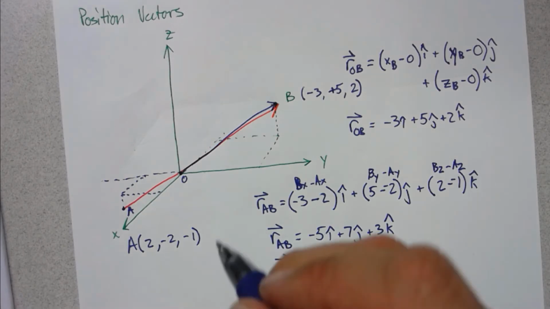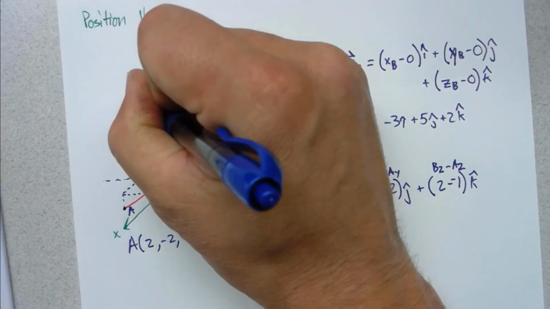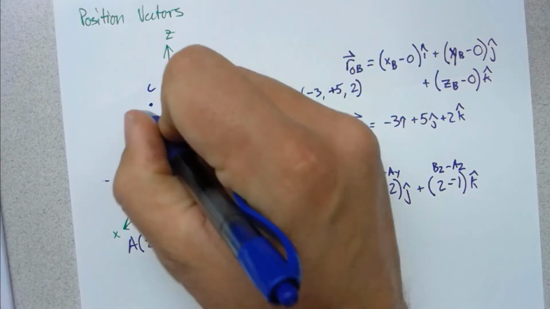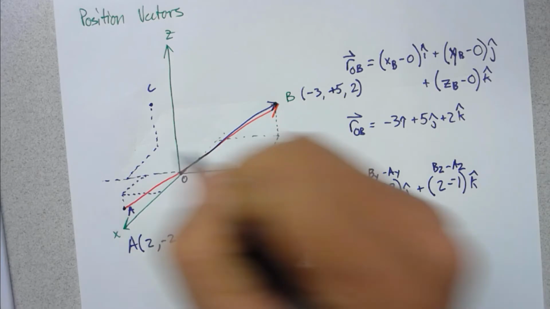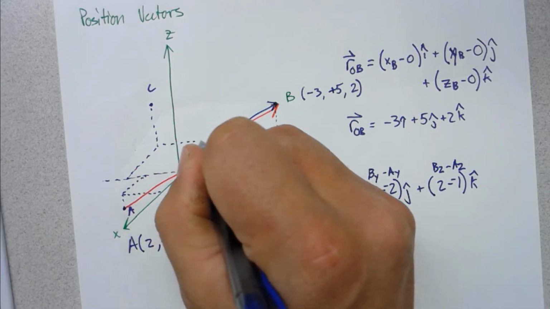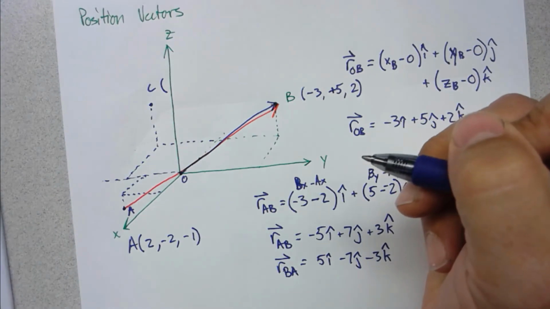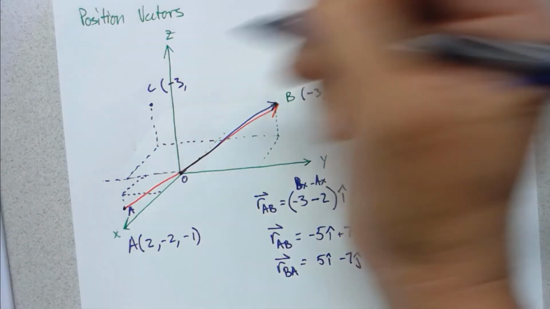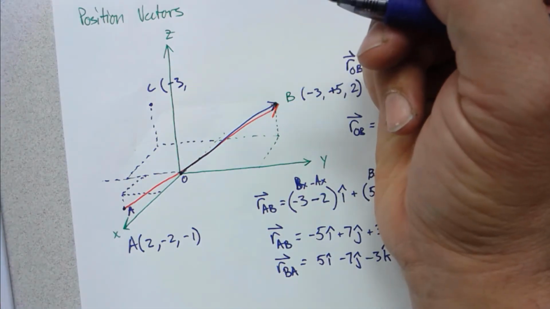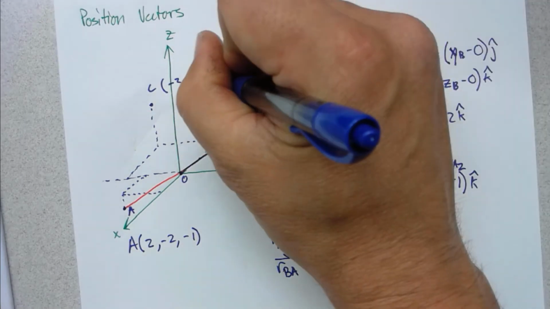So I'm going to put C on here. And C is going to have coordinates -3, -2, 3.